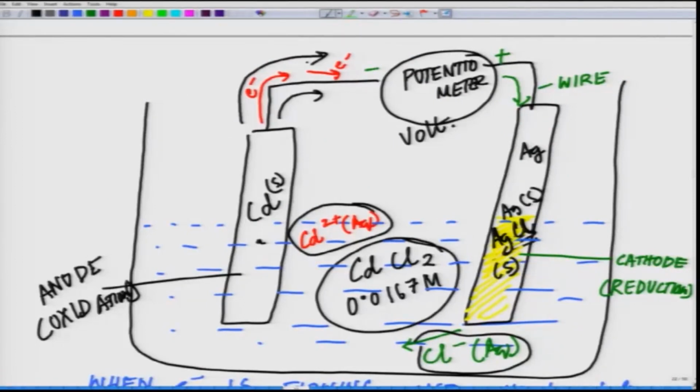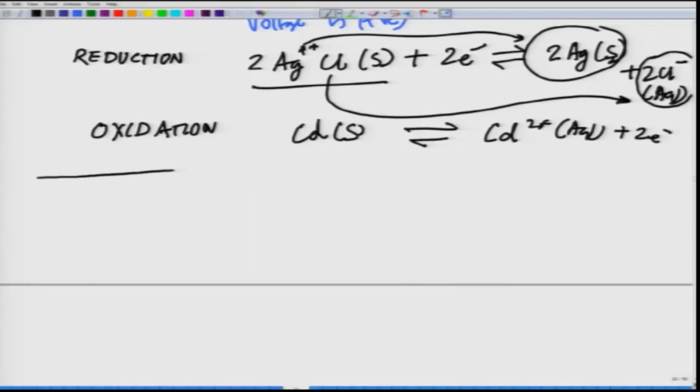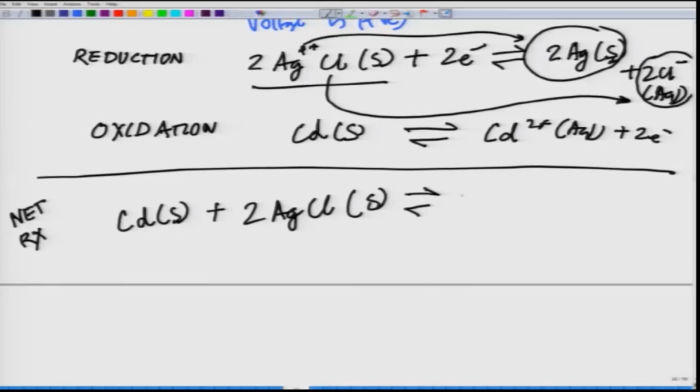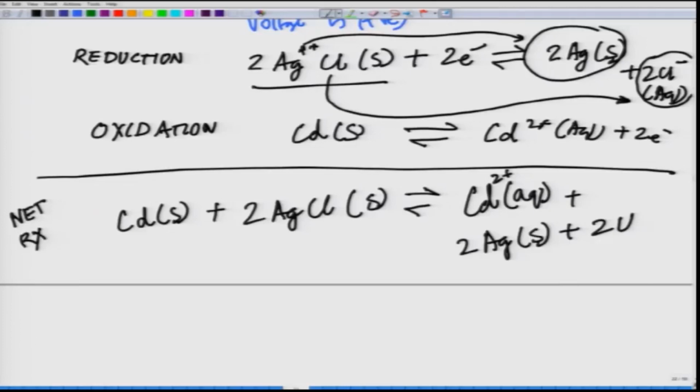Now, if you add up this reaction out here, what you are going to get in this redox reaction, you have net reaction, you have cadmium which is solid plus 2 AgCl which is also solid, making... So, there is a migration of cadmium 2 plus, or cadmium ion, into the aqueous solvent, plus 2 Ag which is the solid deposition and 2 Cl minus which is aqueous.